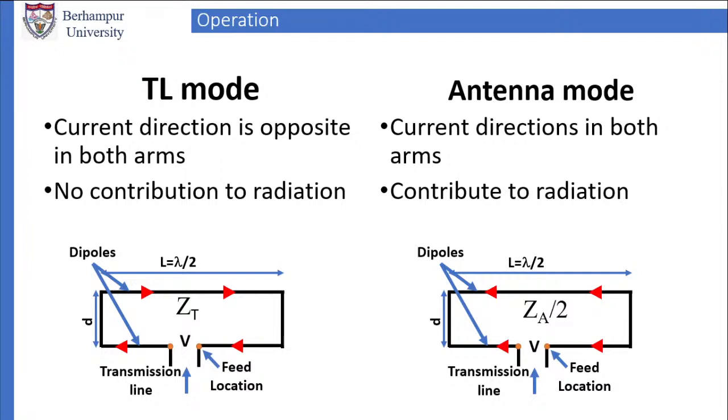Both these modes will coexist on the antenna. Now consider this. We are connecting the antenna to a transmission line. At the feed location, in both the modes, voltage is V. Then for the transmission line mode, the impedance will be Zt.